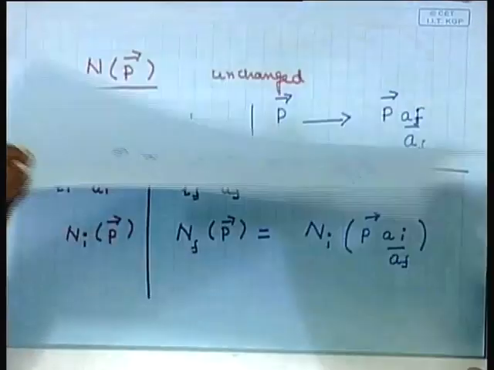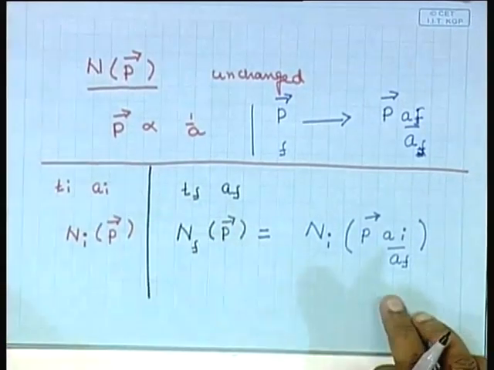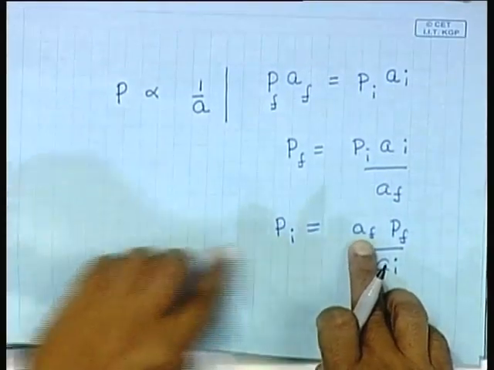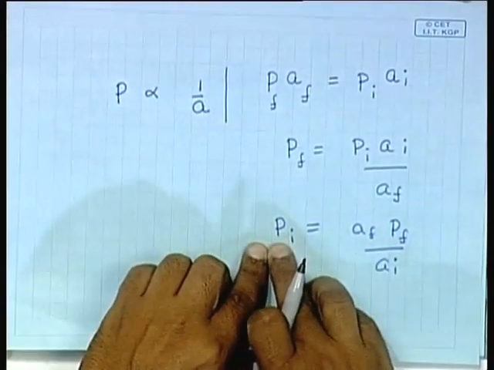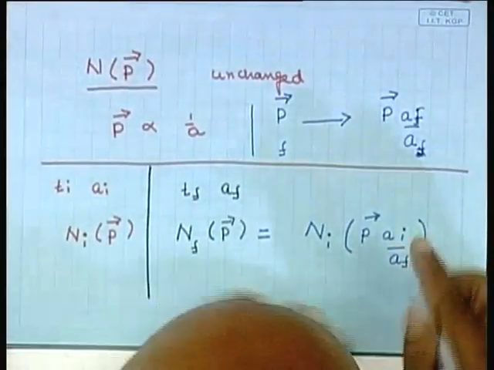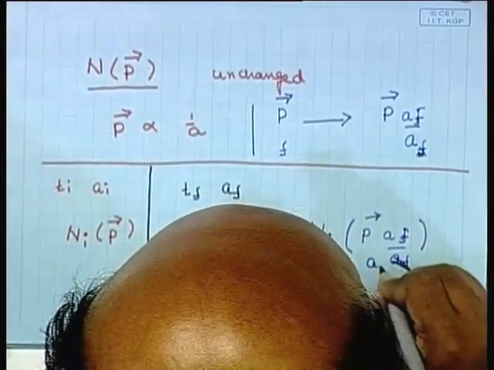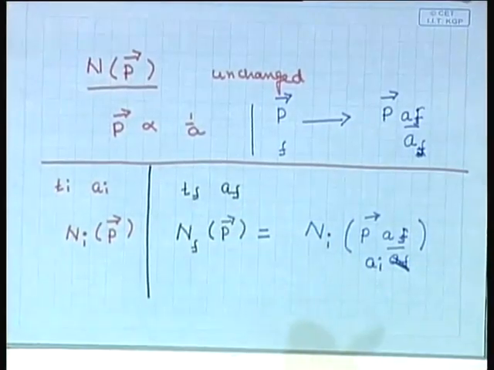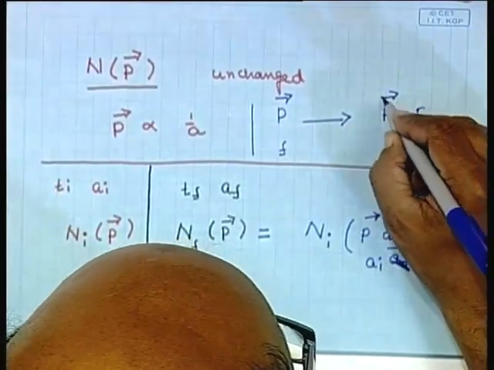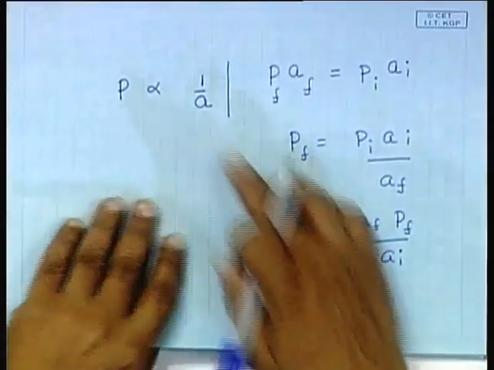So, the question that we are asking is how many particles are there with final momentum P. So, this is going to be the number of particles with initial momentum, AF over here by AI, right. Okay, so, that is the relation, we have got it. Let me cut this out, we do not need this, it has been worked out over here.